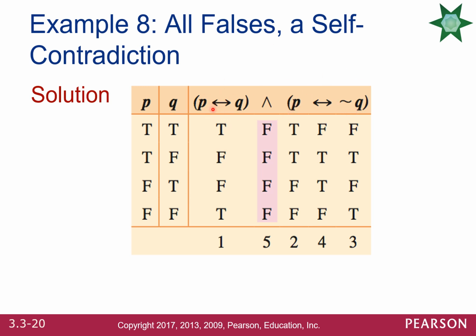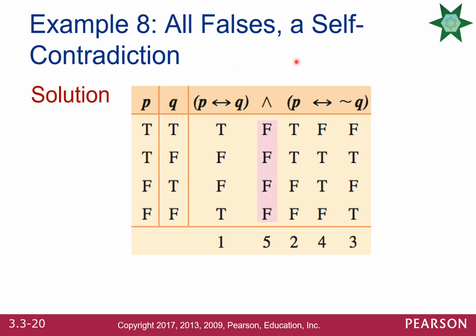So for the biconditional, the first one is a straightforward biconditional truth table evaluation, right? In the biconditional, if both values are the same, then they are true. Otherwise, it's false. If both values are the same, then it results in a true. So TT gives us a T, TF gives us an F, FT gives us an F, FF gives us a T. All right, so that's the first step.